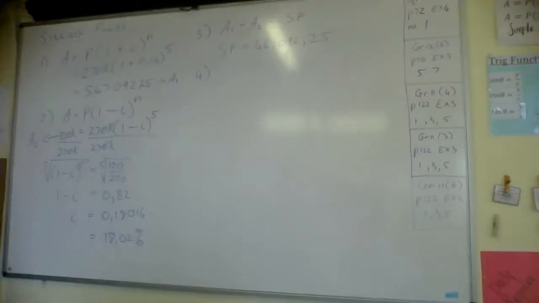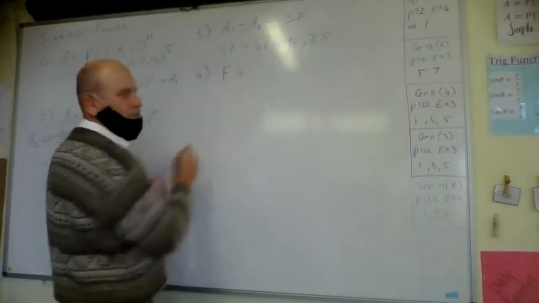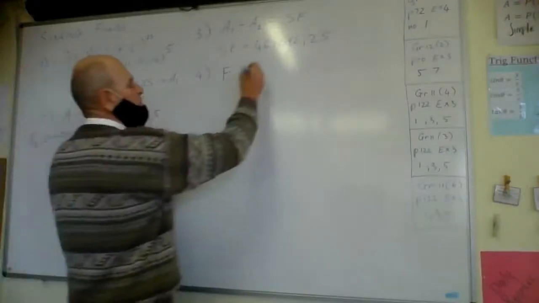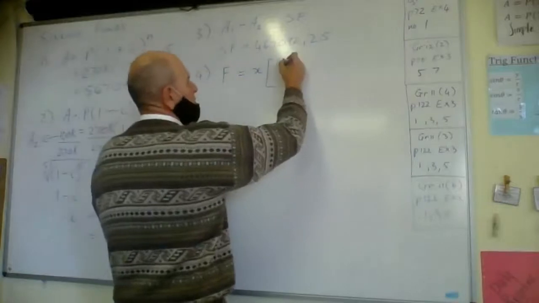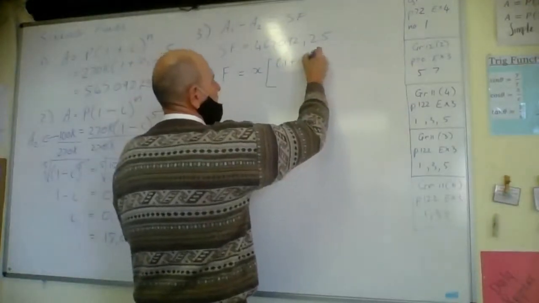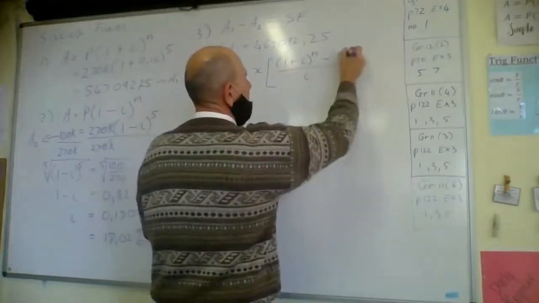It's an annuity, sir, and we're going to make use of this formula. The future value equals x times (1 plus i to the power of n, minus 1) over i.